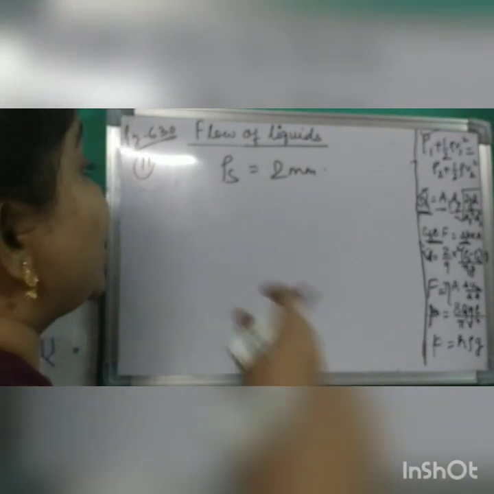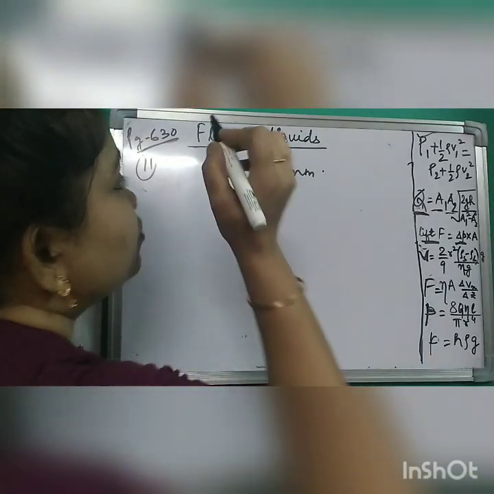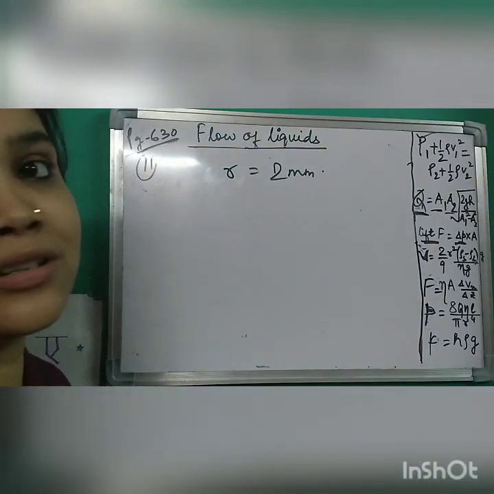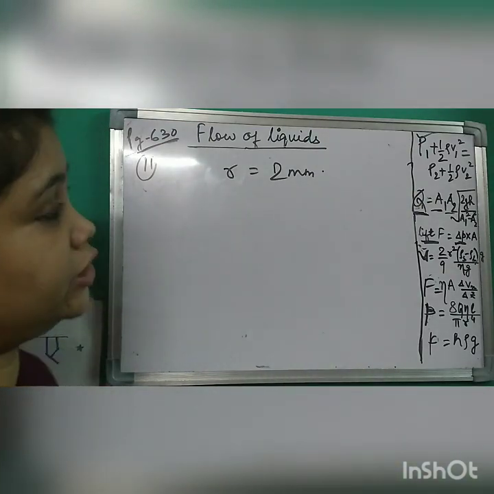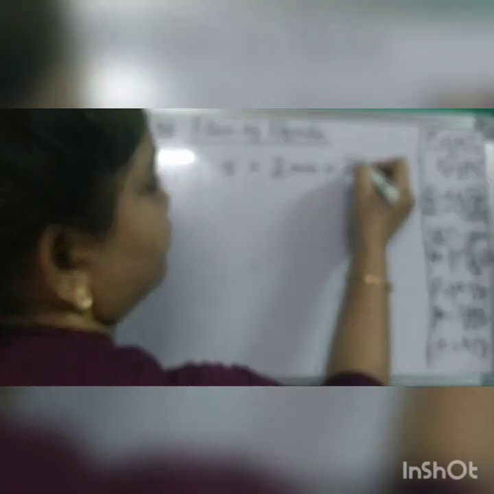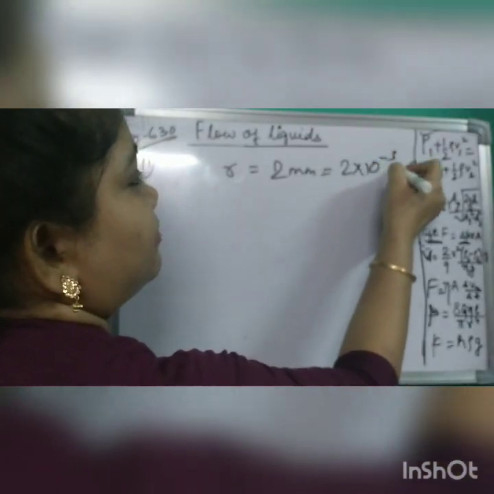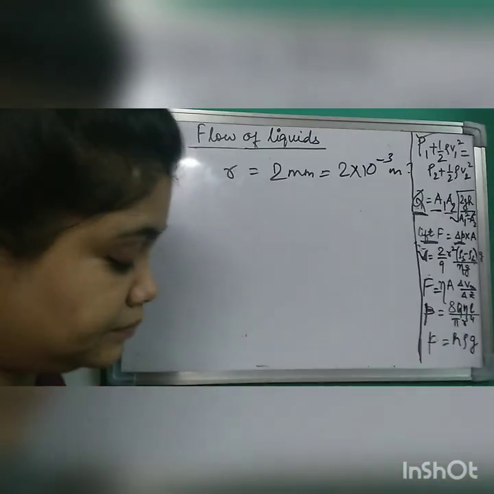R of steel is given as 2 millimeter. Millimeter is not the SI unit of radius, so we have to convert it into meter, which is 2 into 10 to the power minus 3 meter. The question: what will be the terminal velocity of a steel ball of radius 2 millimeter in glycerin?